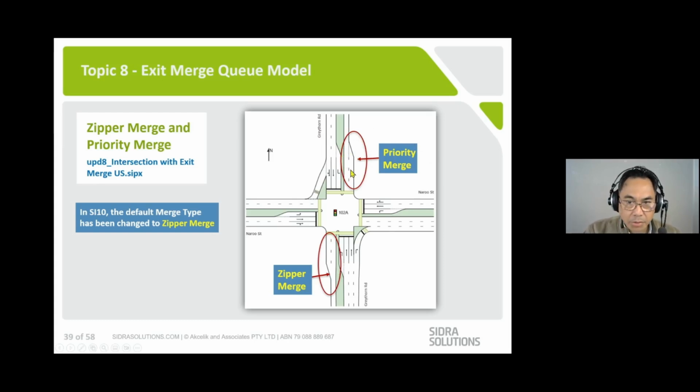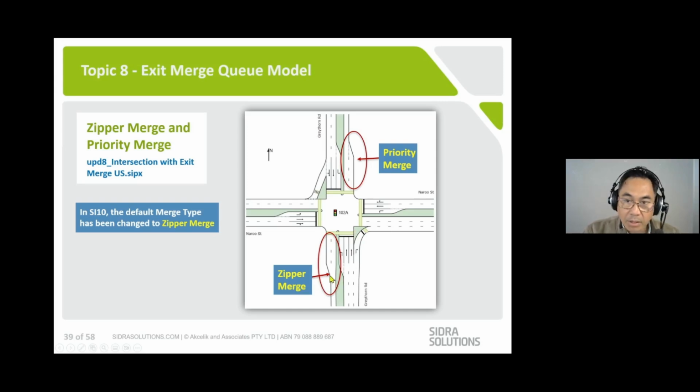So many of our users get caught up and say, oh, why are the delays overestimated by SIDRA? And we noted that actually the real world operation is a zipper, although the lane is marked as priority, because under congested conditions, motorists tend to give way to each other in such operations, such as we observe in Australia.